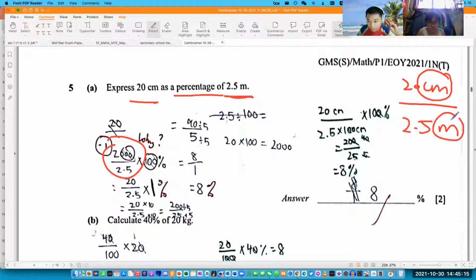Is it the same unit or not? No. If it's not the same unit, you need to convert to the same unit. Correct. So 20 cm is 20 cm. So 2.5.